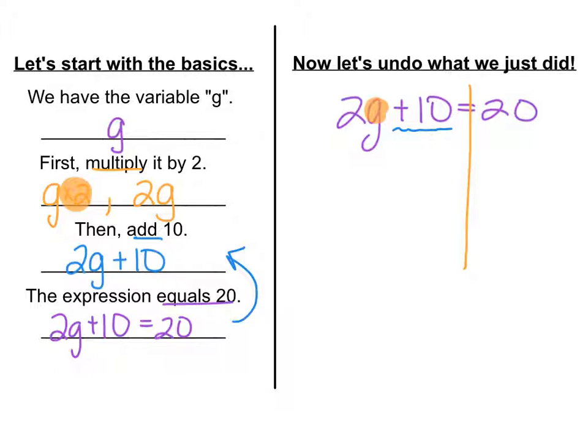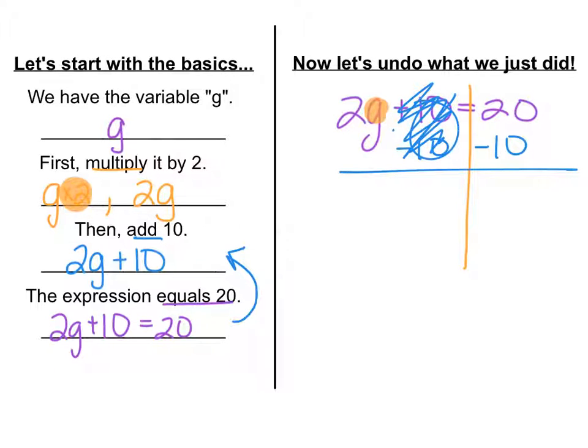So the first thing I have to do is get rid of plus 10. So I have to minus 10. And when I do that, my 10s cancel. They're a 0. They're gone. I still have that 2g clump, but now it only equals 10. Because 20 minus 10 is 10. That right there is our first step.